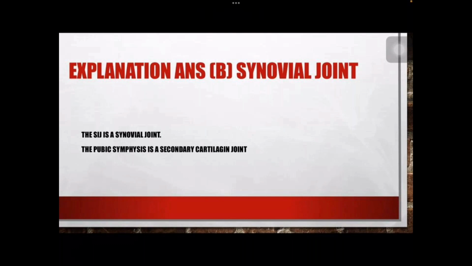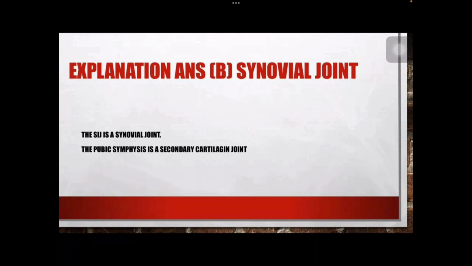What is the anterior boundary of pelvic outlet? The options are A. Pubic arch, B. Ischial tuberosity, C. Pubic crest, and D. Pubic tubercle. Pubic arch. Yes, it's correct.